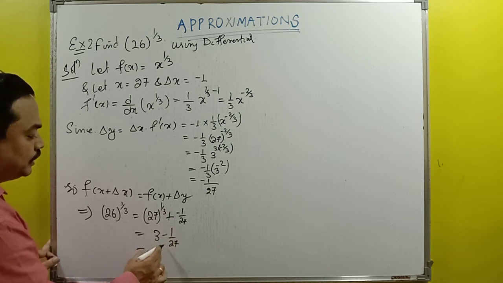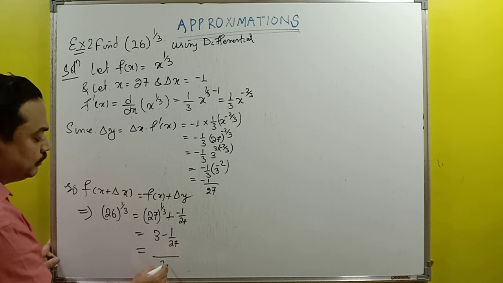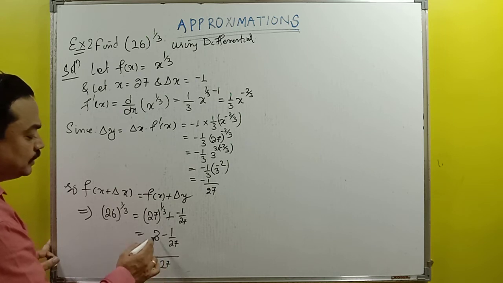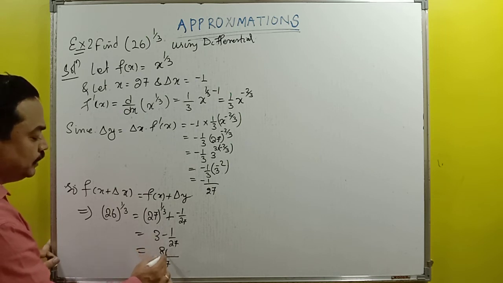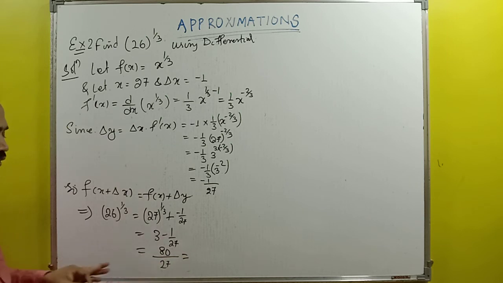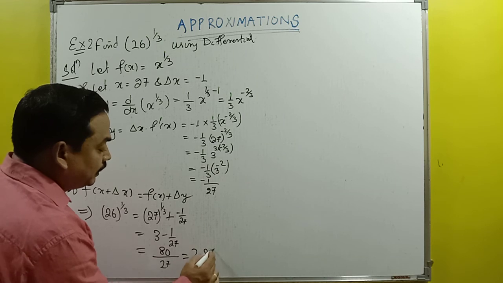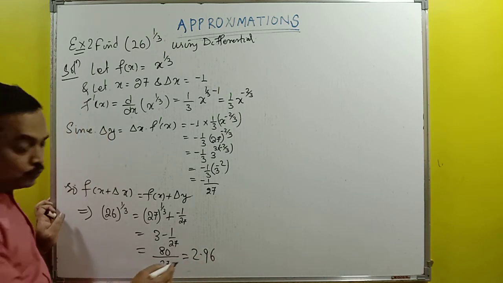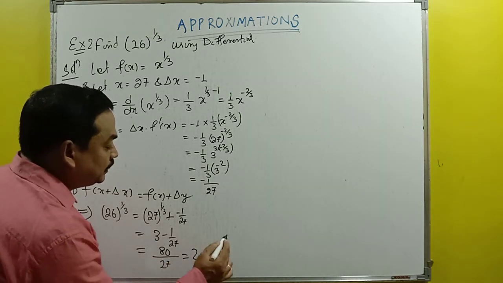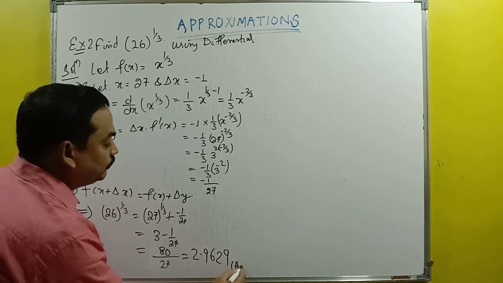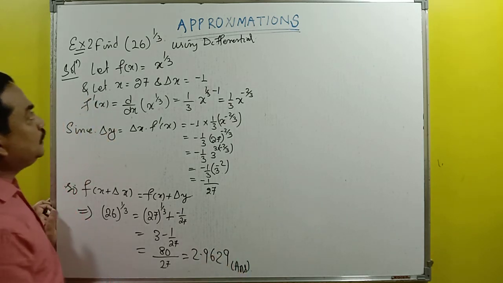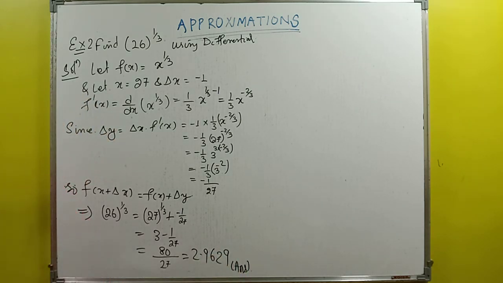Then what you are getting? LCM is 27, and it is 81 minus 1, 80 by 27. You do the division, and the approximate value you will get to 3-4 digits is 2.9629. This is the approximate value of the cube root of 26.